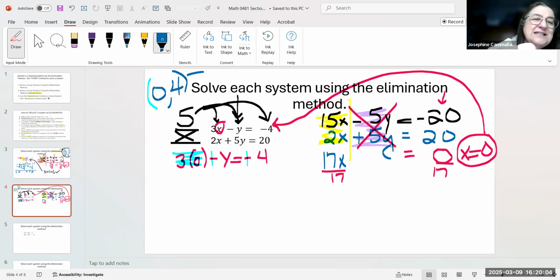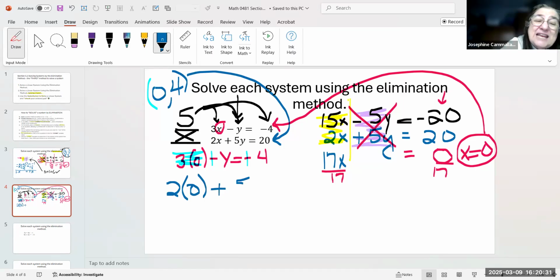Now, this is where you come to the third equation. Where that 2 has an x behind it, I'm going to put 0. And where that y is, I'm going to put the 4. Now, I do agree some people can do this in their head. That's okay. But I would suggest that you do check it.